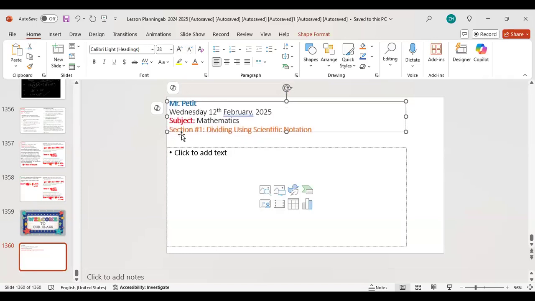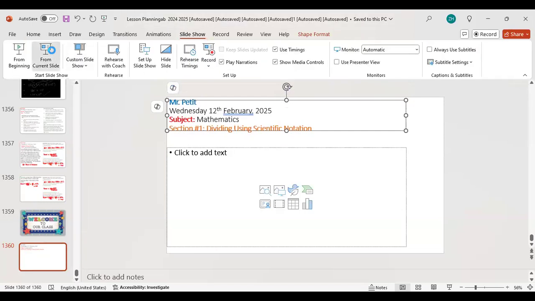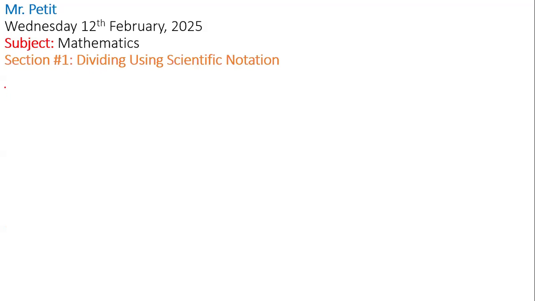This is going to be number 1. We have 32 times 10 to the power of 5 divided by 8 times 10 to the power of 2.